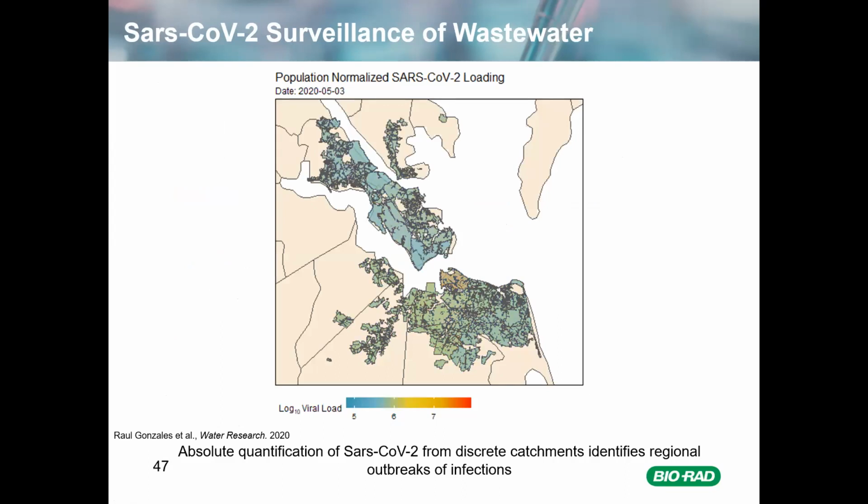This is a longitudinal study, and they collected wastewater at, I believe, 9 different collection sites. They then determined the absolute concentration as viral load over the course of several months in those areas. What you can see here is the ebb and flow of the virus as it changes with the viral load in wastewater.